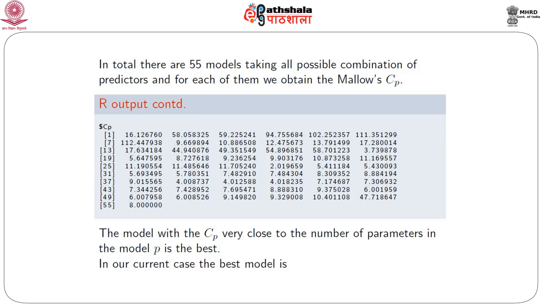And for each of them we obtain the Mallow's CP. As we have mentioned before, the model with the CP very close to the number of parameters in the model, P, is the best model. In our current case, the best model is given by the model that has CP very close to 6.